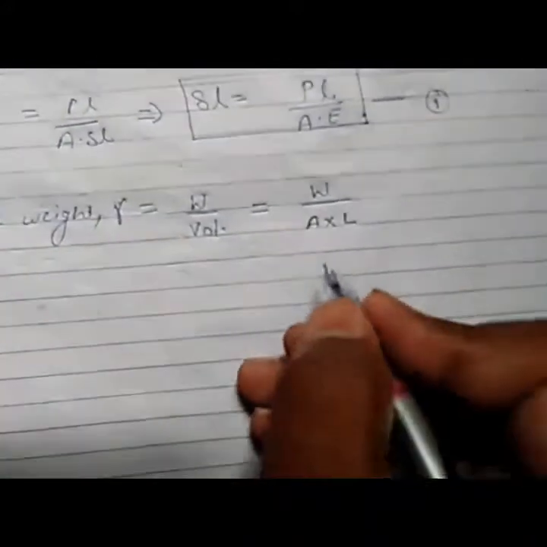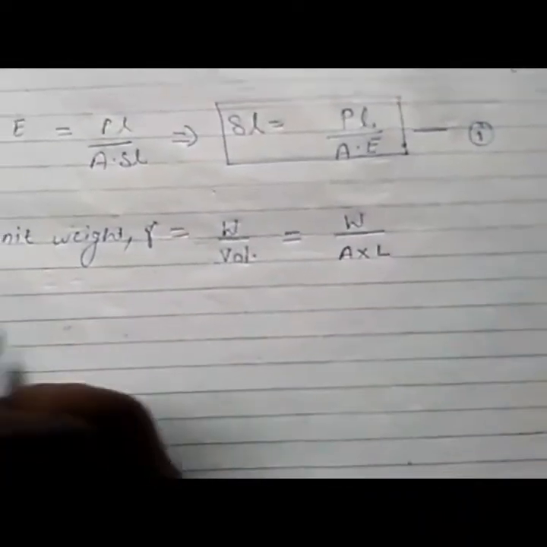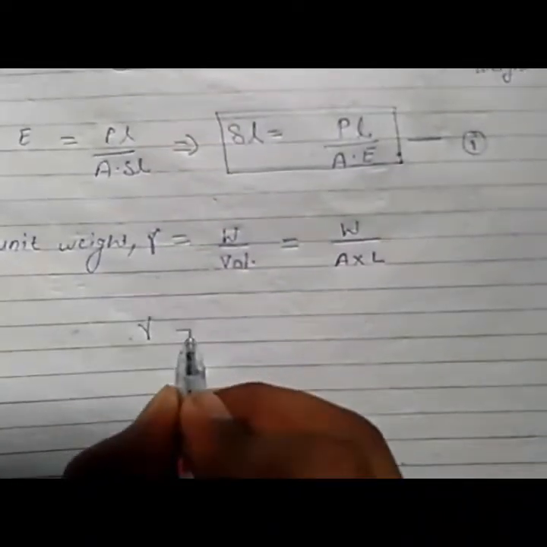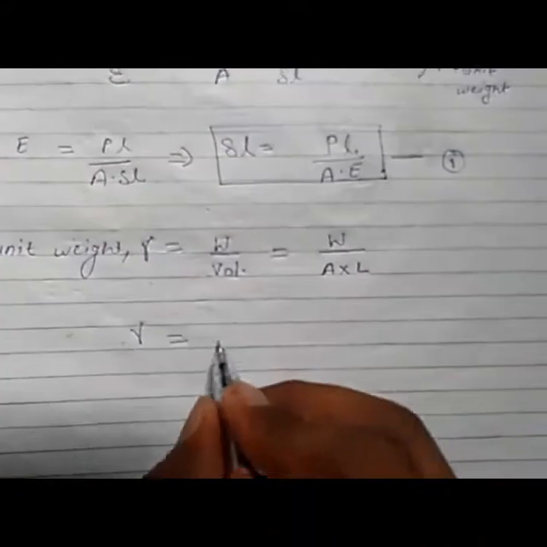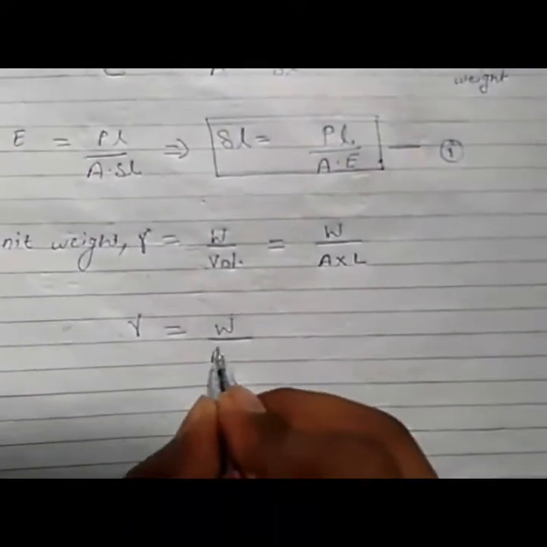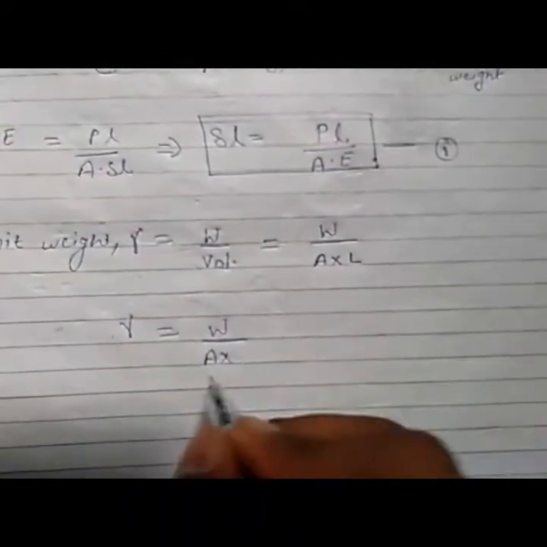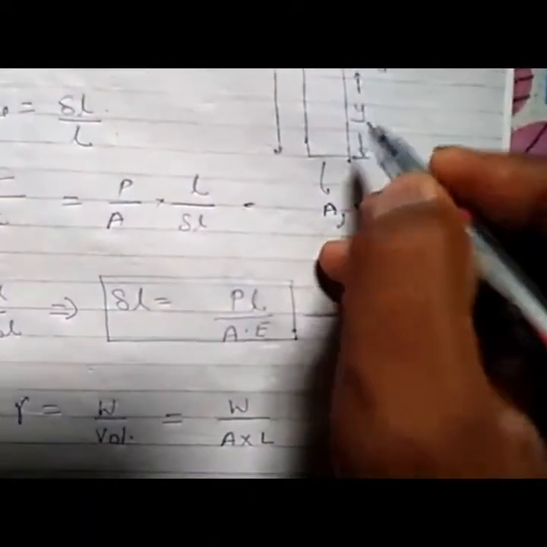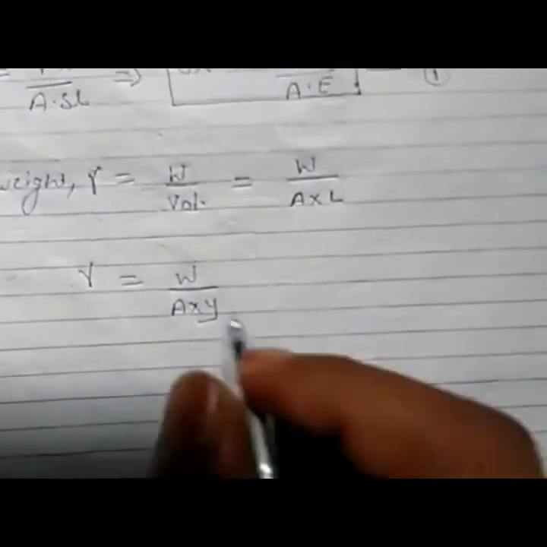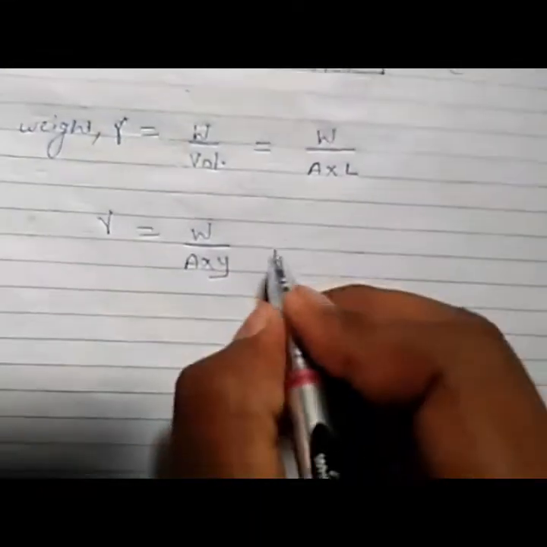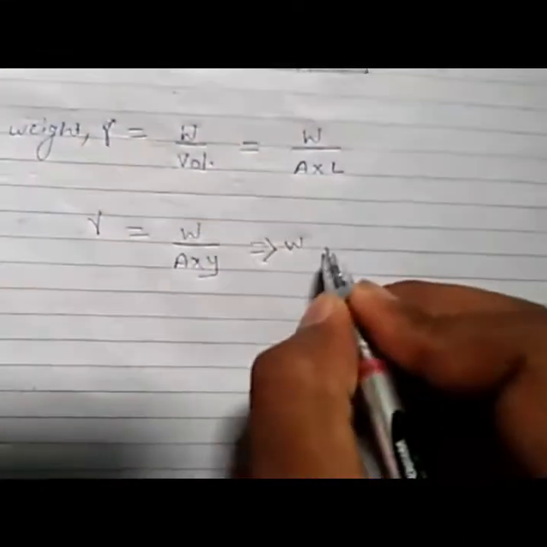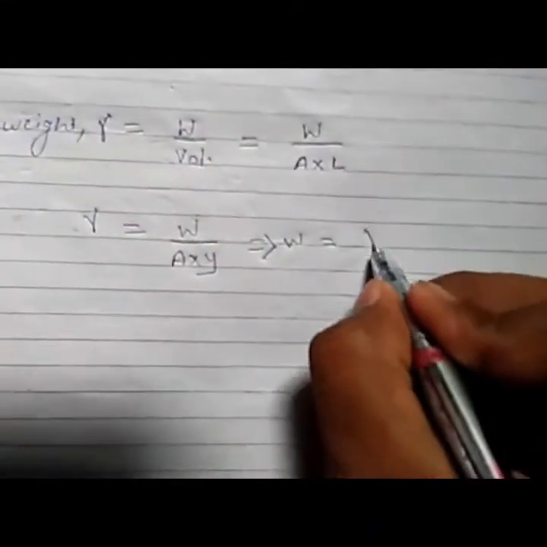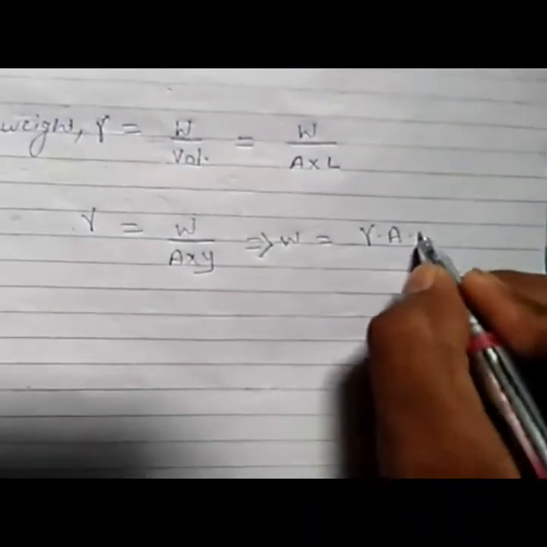So we write gamma is equal to W by A into L, and here the length is equal to Y. Taking out W from this equation, we get W is equal to gamma A into Y.